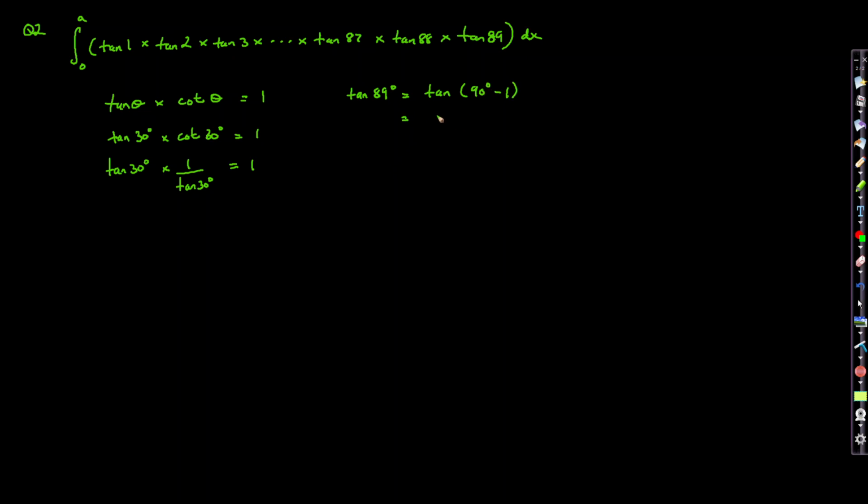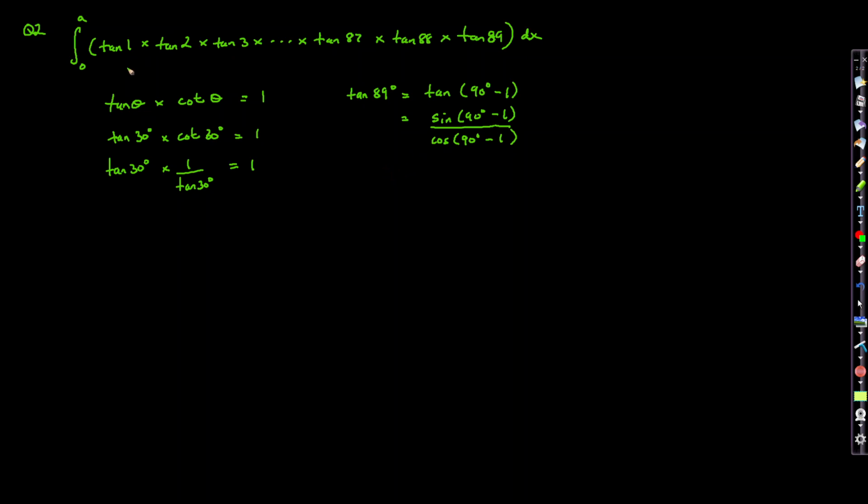And that is the sine of 90 degrees minus 1 over the cosine of 90 degrees minus 1. Now, perhaps if you then consider what this is equal to using the identities for sine of a minus b and the cosine of a minus b, see what that is equal to, and have a look at it in terms of cotan. So that's a bit of a clue.